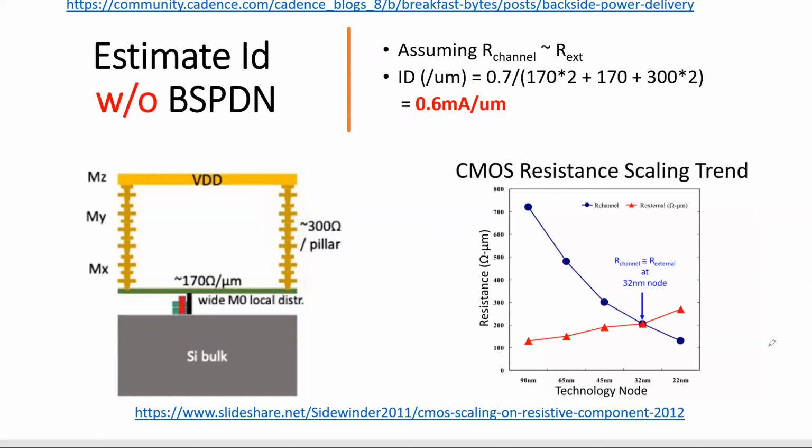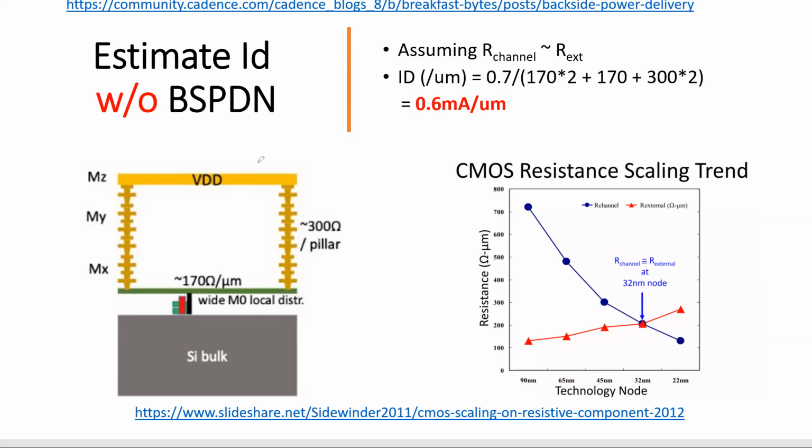And then when you go down, the channel resistance reduces dramatically. The external is like 2x now, right? But I'm not going to use this extreme case. I'm just going to use this simple case that at the 32 nanometer node, the channel resistance is the same as external. So how do I calculate the ID here? It is the VDD divided by resistance, right? So it's a simple calculation.